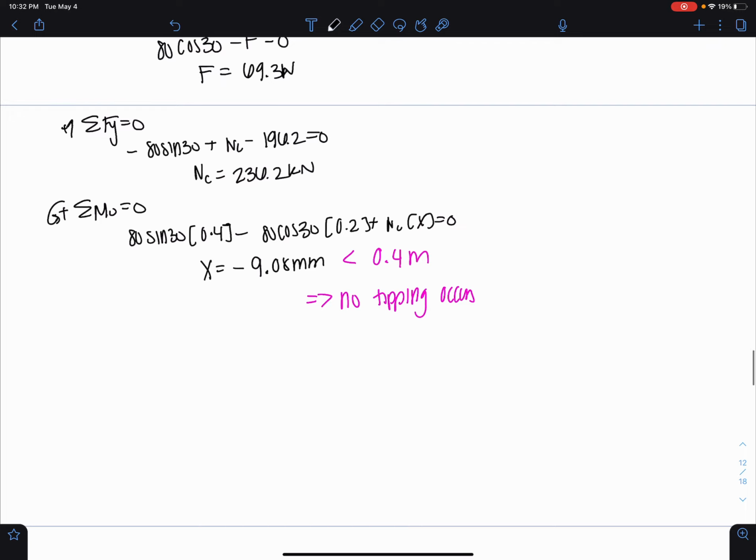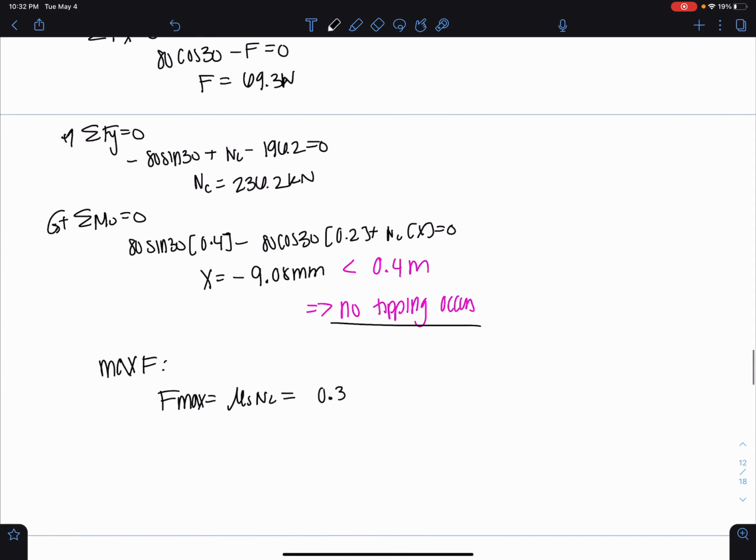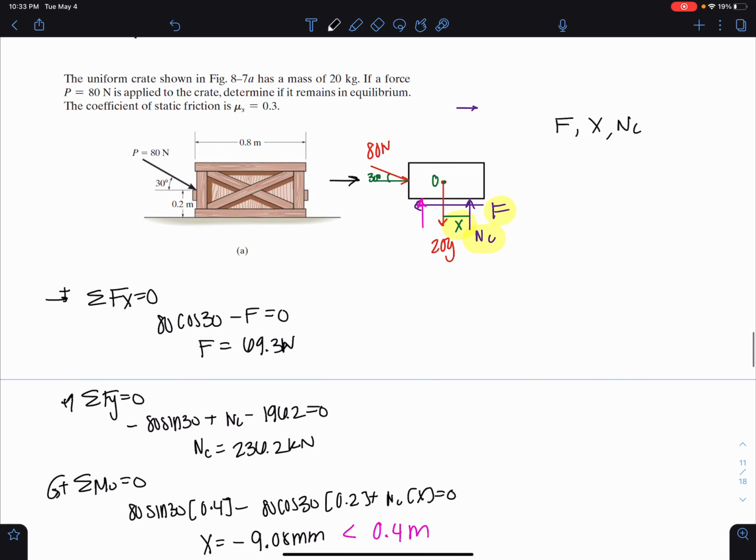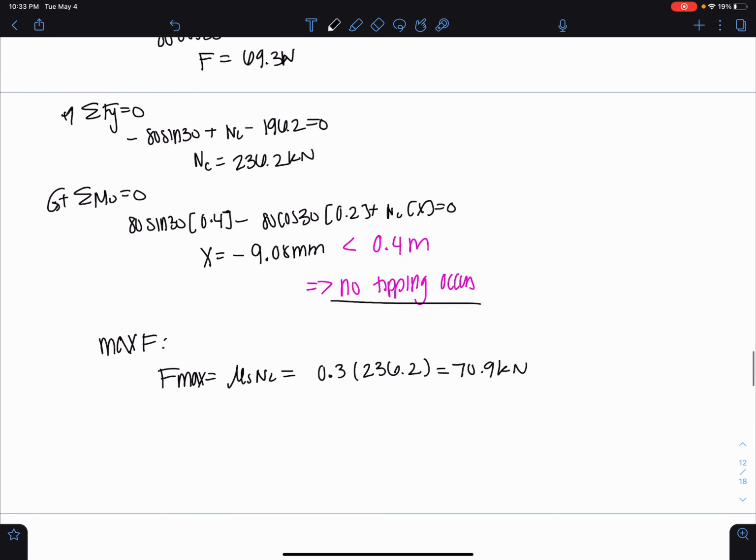No tipping occurs. Let's check our max friction force to make sure everything is static. So we have F max equals mu S NC. 0.3 is our mu S that was given, times 236.2. We get 70.9 Newtons. Oh, what am I doing?